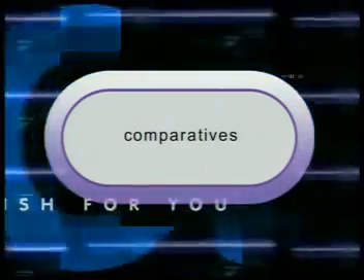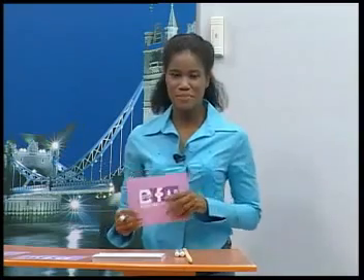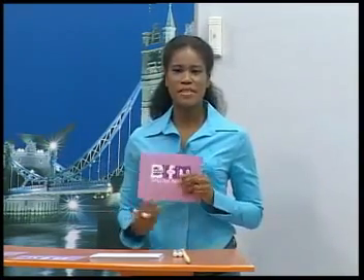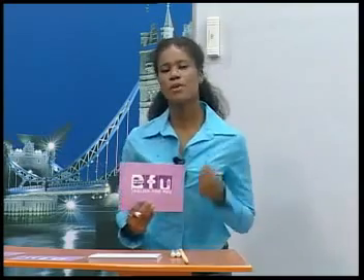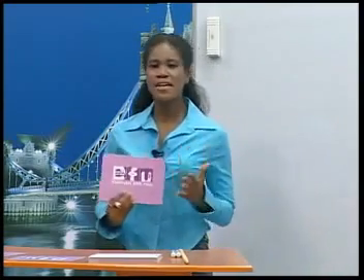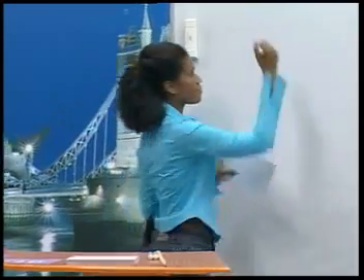Comparatives. Now it's time to learn comparatives. So when we use adjectives to talk about two people or two things, these adjectives have a special form. They are called comparatives.